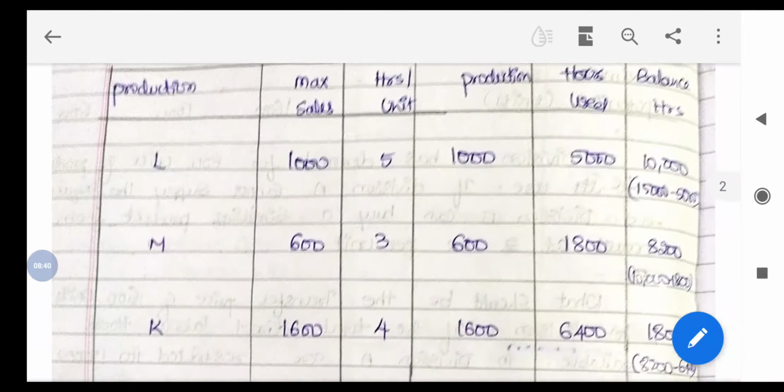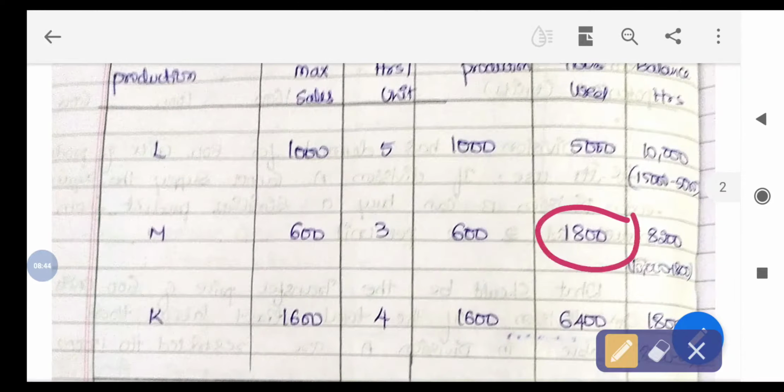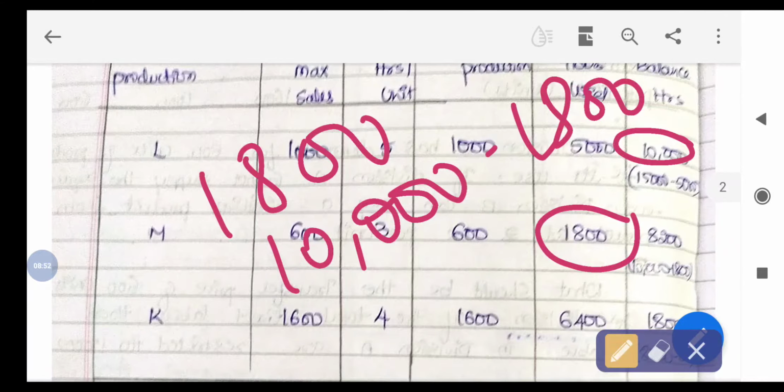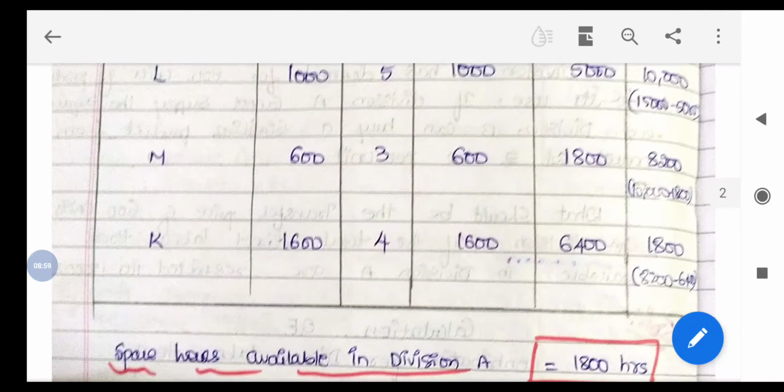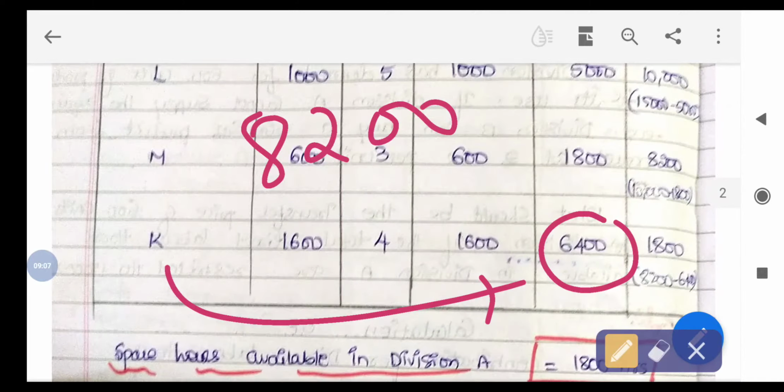So if we see M, for manufacturing M it will take 1800 hours. So remaining hours is 10,000. In 10,000, if we take 1800 hours, the remaining will be 8200 hours. In that, for producing K product we need 6400 hours.